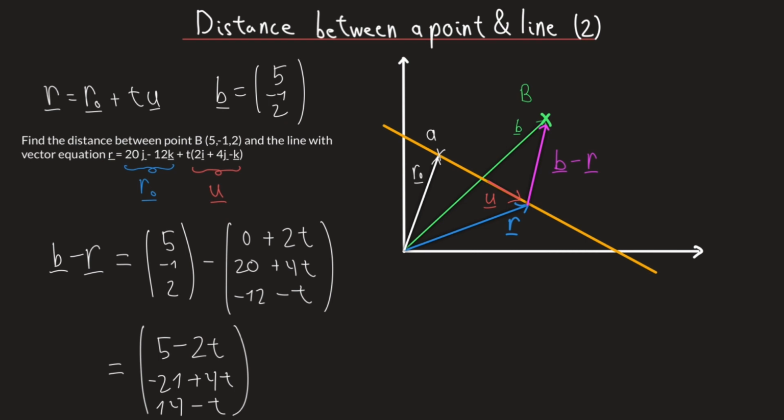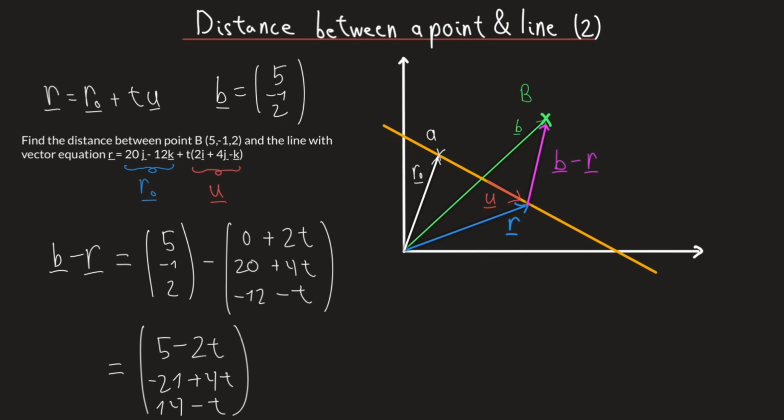Note that our difference vector b minus r depends on the parameter t. It's not fixed. It's not a constant vector, which makes sense because we chose an arbitrary position vector r on the vector equation of our line. So r can represent any point on the line.